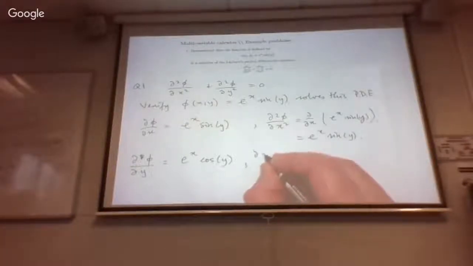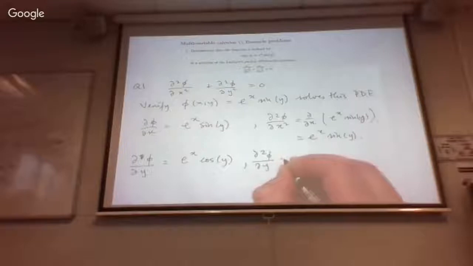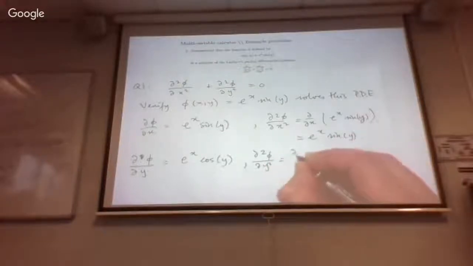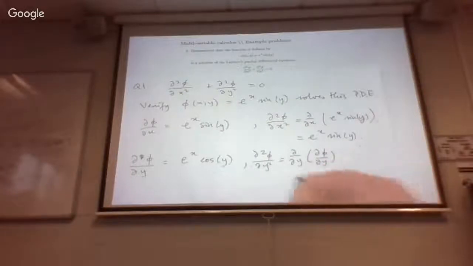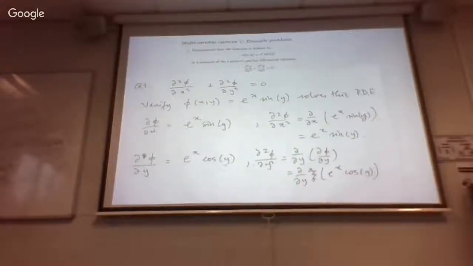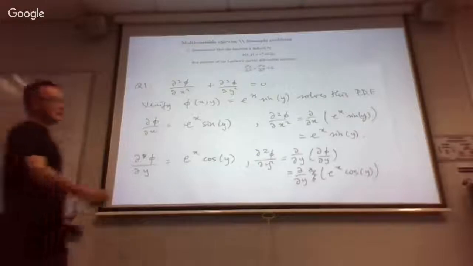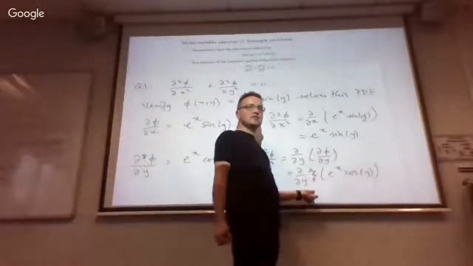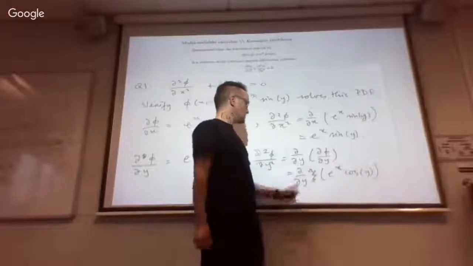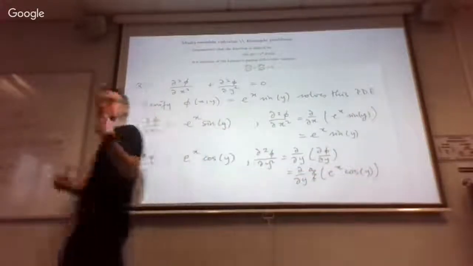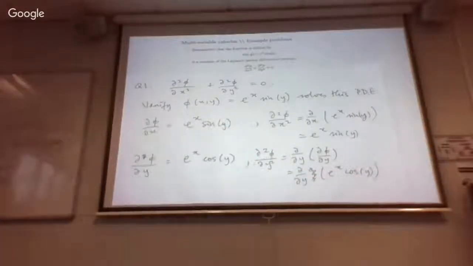The second derivative with respect to y, by definition, will be the first derivative of the first derivative. So d dy of e to the x cosine of y. This time, again, this e to the x is going to survive here as a multiplier, where you're differentiating cosine of y. The derivative of cosine is, of course, minus sine.